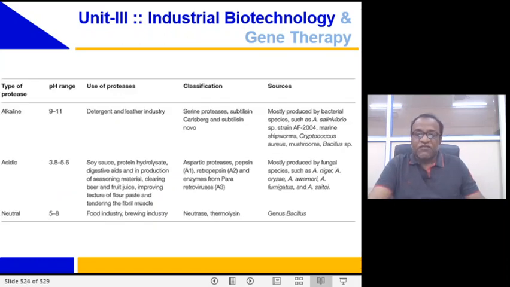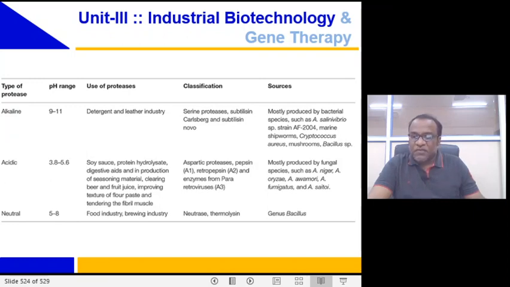Right. If you look at the table over here, it gives different types of proteases, their acting pH range, uses, classification, and also the sources.